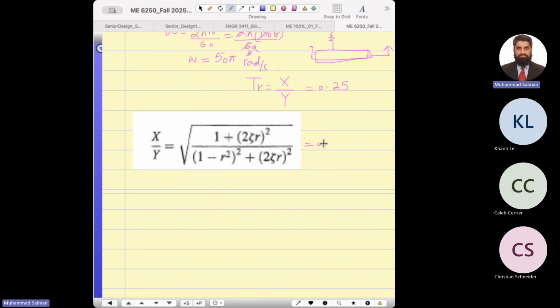That is equal to 0.25. So choosing an isolator A. Let me show you what is isolator A and B.